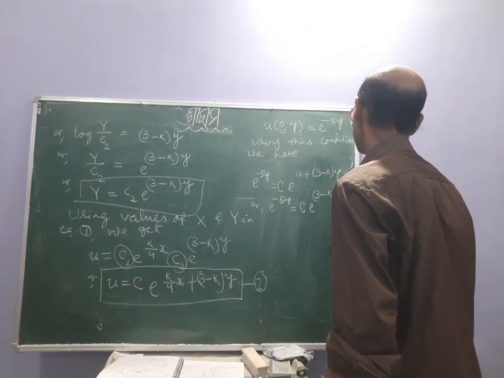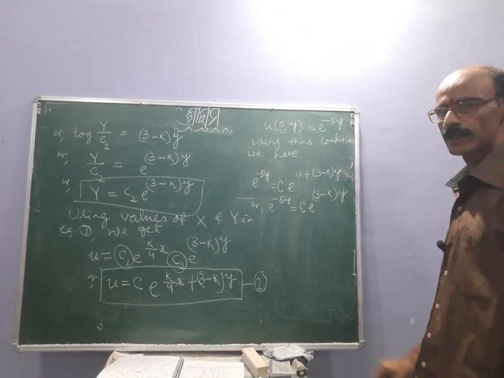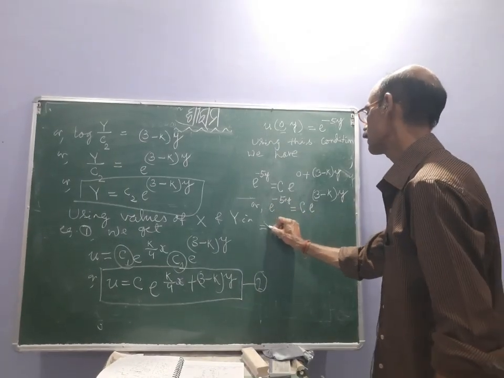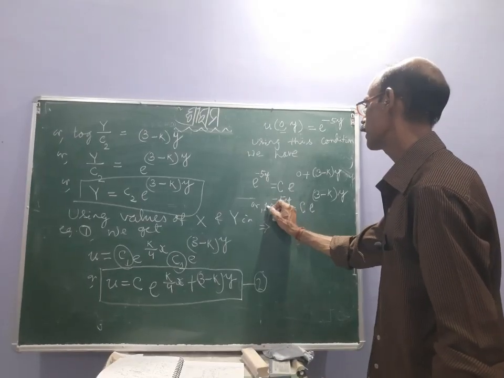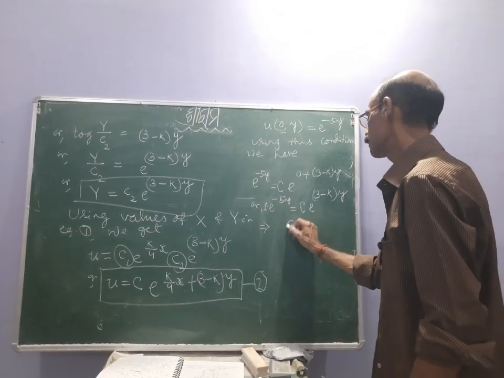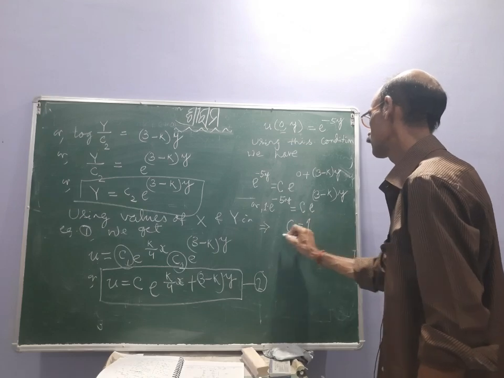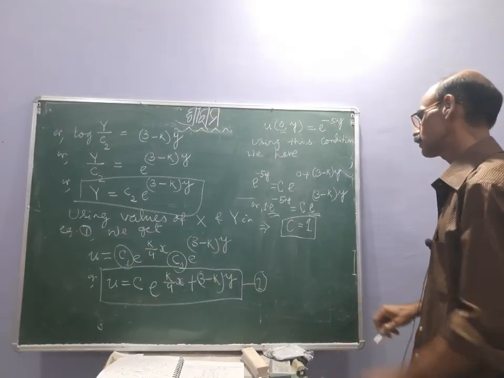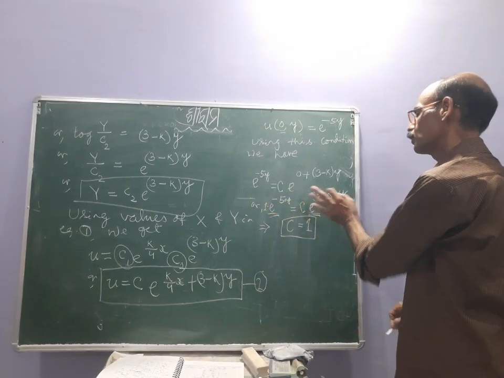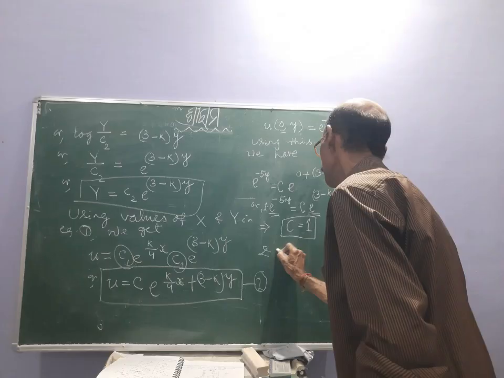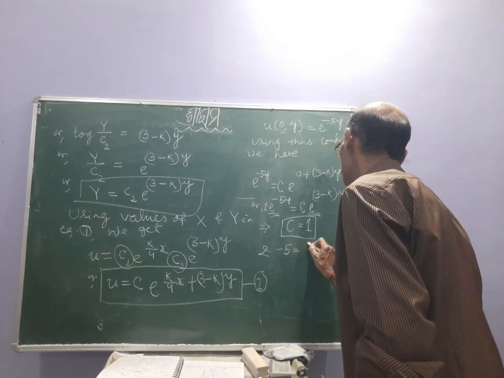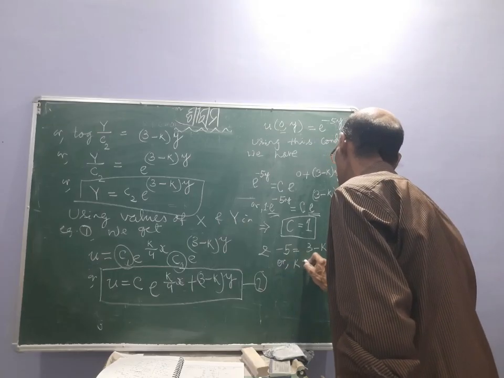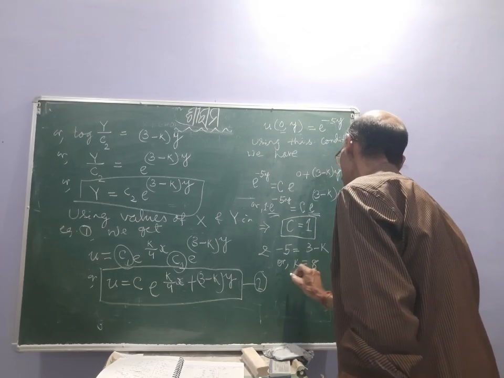Now compare both sides. If we compare both sides, it implies c is here multiplied 1, so this implies c is equal to 1, and comparing exponential part, we will get minus 5 is equal to 3 minus k, or k is equal to 3 plus 5, that is 8.